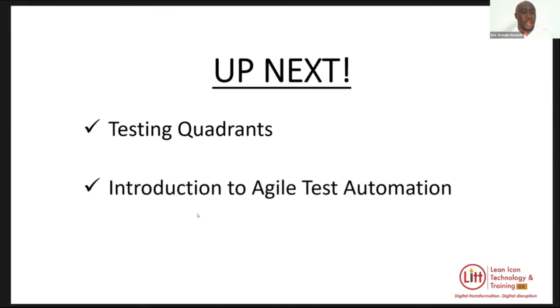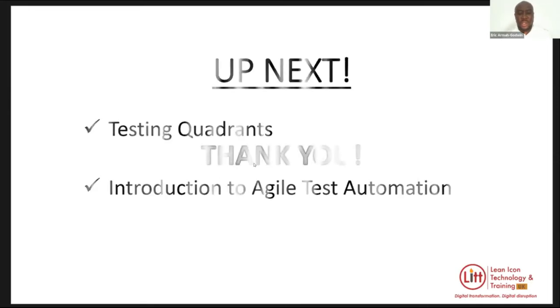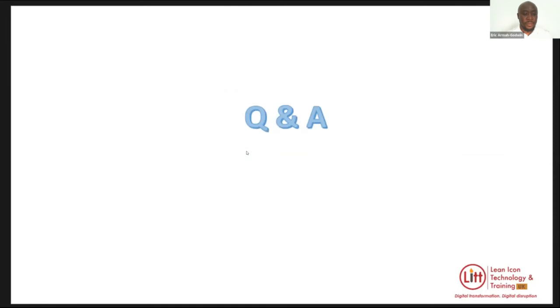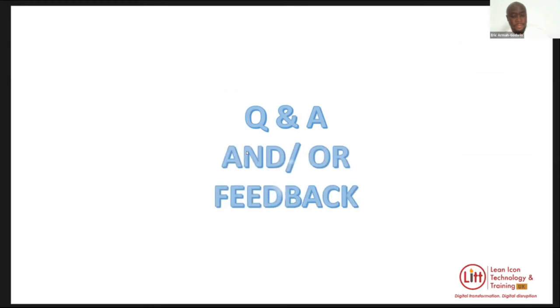And we'll also be doing an introduction to test automation in Agile. So those who've been looking forward to that, we're crossing the border. And thank you very much. I'll now allow questions and feedback, questions and answers.